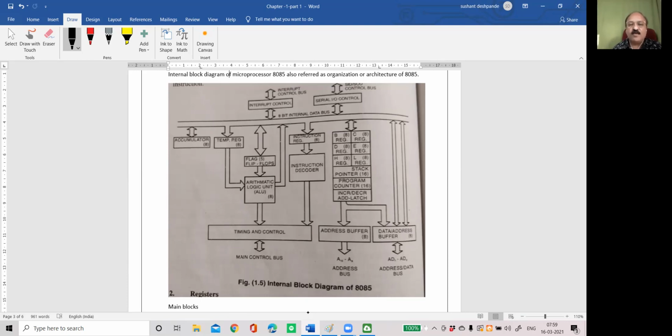Once this signal is given by timing and control, the ALU operation, arithmetic logical operations, will be executed. According to the result of the arithmetic logical operation, the unit will set the flags.